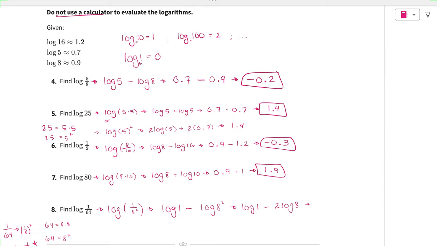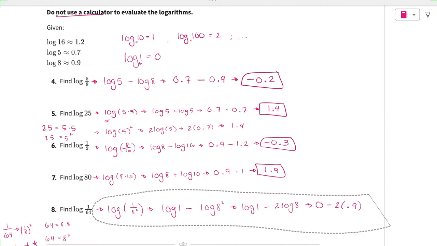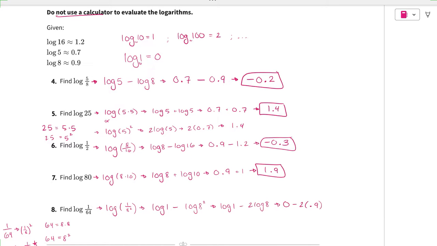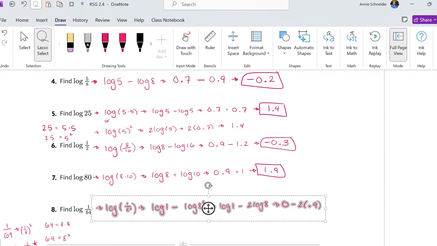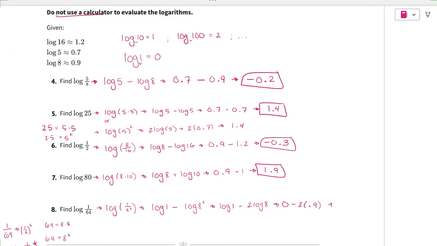So I get log of 1 is 0 minus 2 times log of 8 is 0.9. I'm going to just make my writing a little smaller here so I can fit it all in one line. So this comes out to be 0 minus 2 times 0.9, 2 times 9 is 18, so negative 1.8.